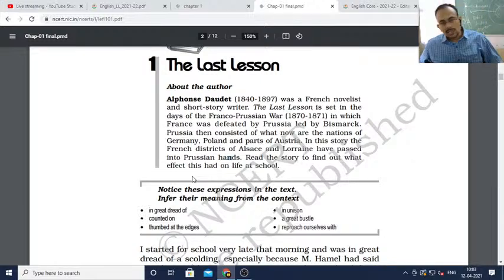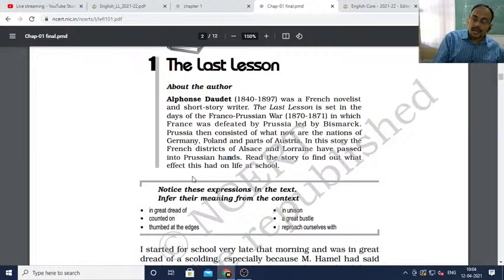Okay. So, dear students, in this lesson, we shall come to know about the French districts of Alsace and Lorraine. What happens when the Alsace and Lorraine districts have gone into the hands of Prussia, or you can say, Germany?